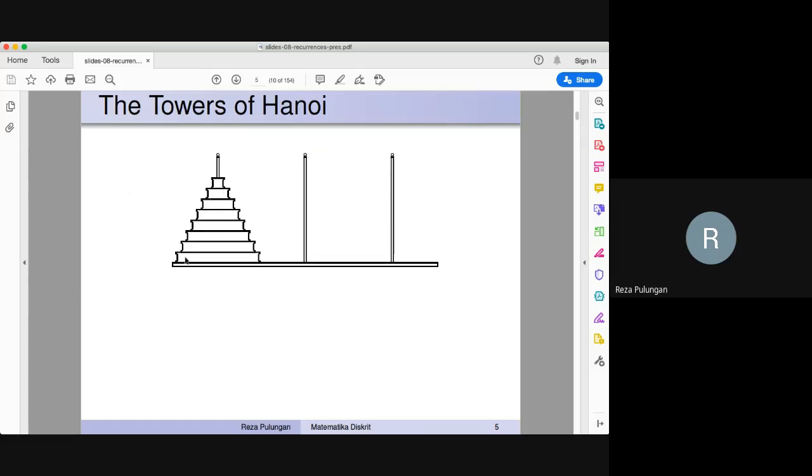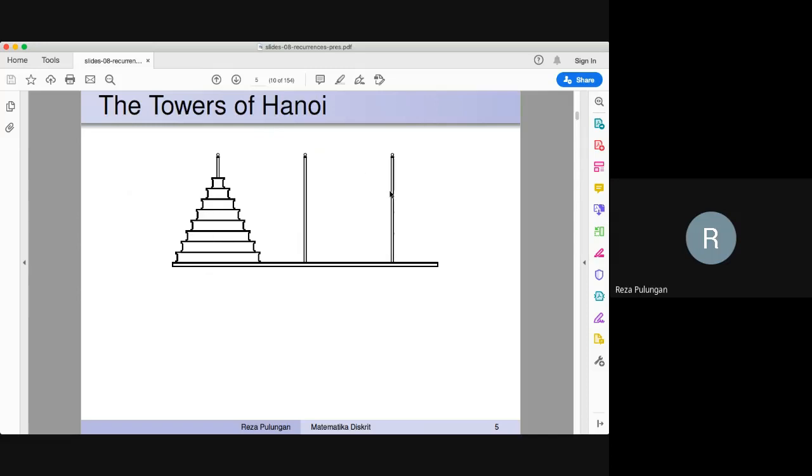We order them from the largest to the smallest, so the smallest is on the top. What you have to do is move all of these to the third tower.